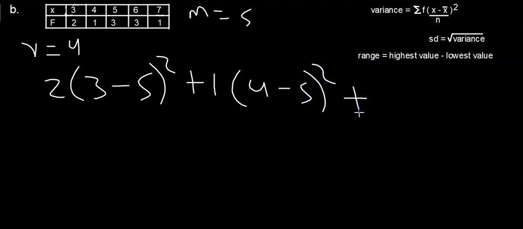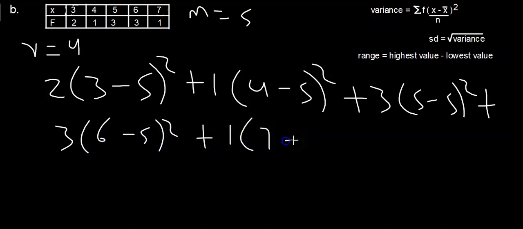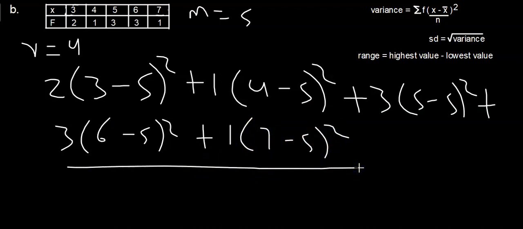Again, 3 is my frequency. So I'm going to take 3, and then I get 5 minus 5 squared. And again, same process: it will be 3 and 6 minus 5 squared. Again, I get 1 and 7 minus 5, the whole to the power of 2. And the result will be divided by the sum of the frequency, which is 10.